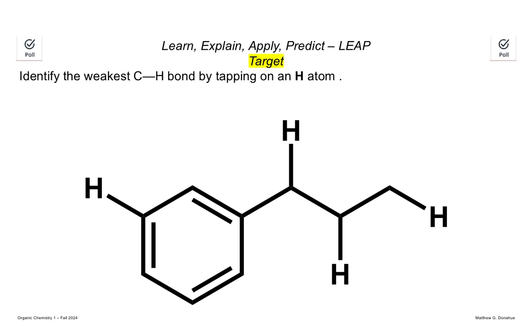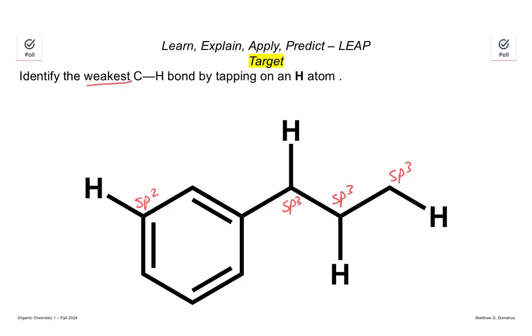Maybe the first thing to do is, by the carbon atom, write the hybridization, and then we'll classify what type of hydrogens they are. So this one's sp2, sp3, sp3, and sp3.